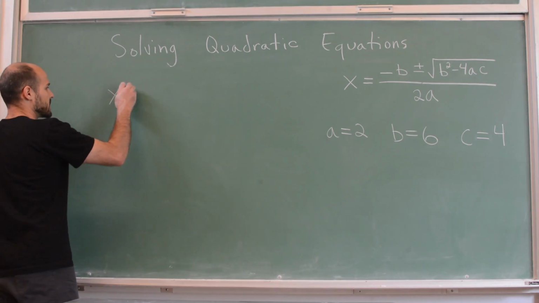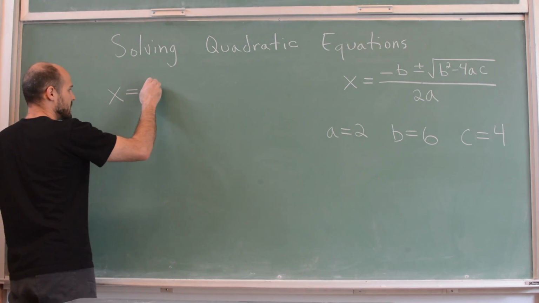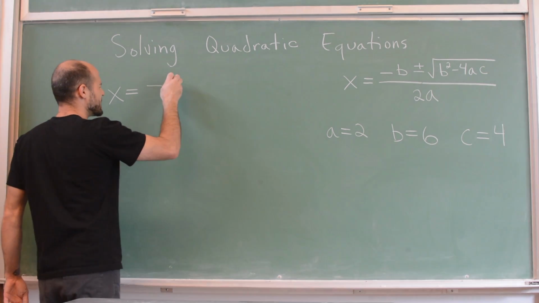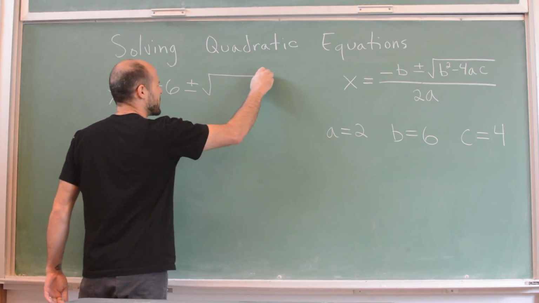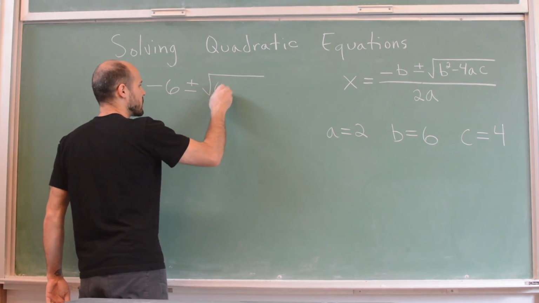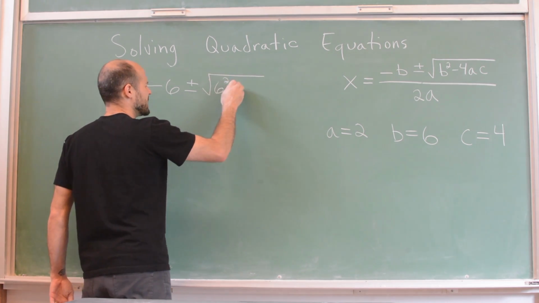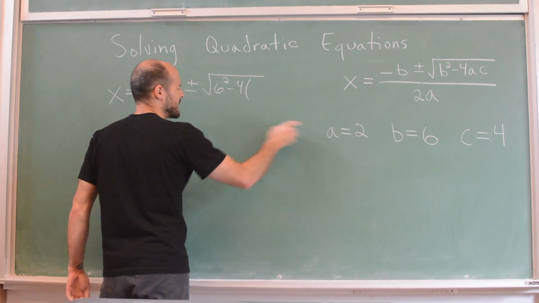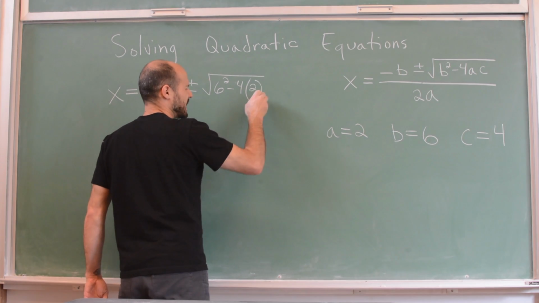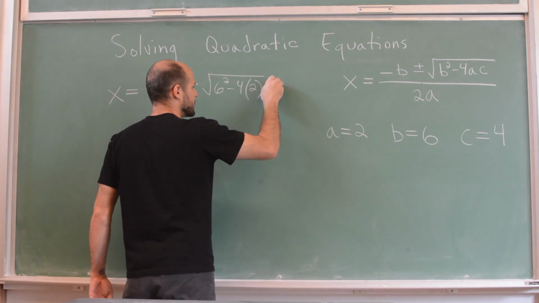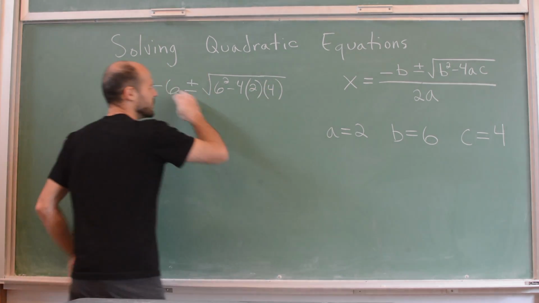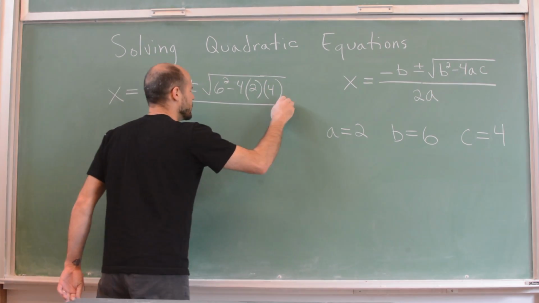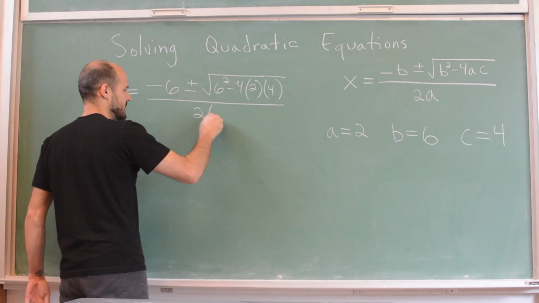So our formula looks like this. x is equal to negative 6 plus or minus the square root of 6 squared minus 4 times a times c, and this entire numerator is all over 2 times a.